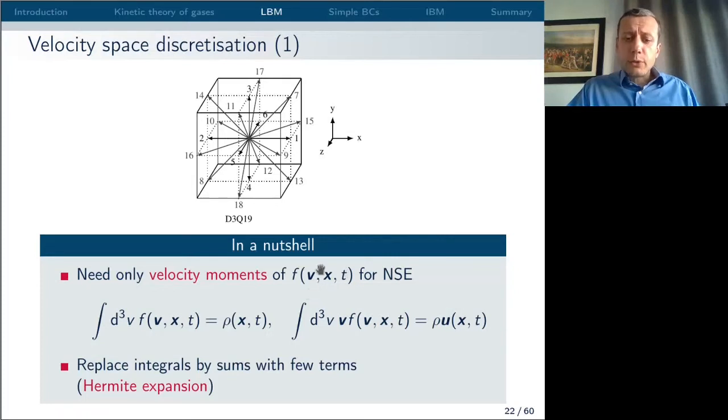So in a nutshell, you take the integral moments that we need in order to get the density and the momentum for Navier-Stokes. You can see integrals on the left-hand side, and we have to replace these integrals by finite sums that have only a few terms, like 9 or 19, rather than a million, or even an infinite number. And the mathematical mechanism behind that is the Hermite expansion, which I will not cover in detail here.